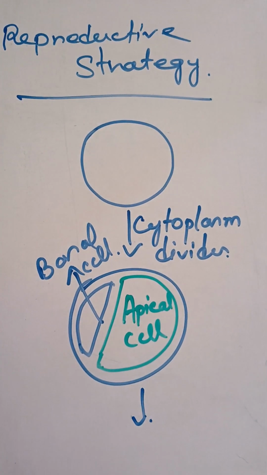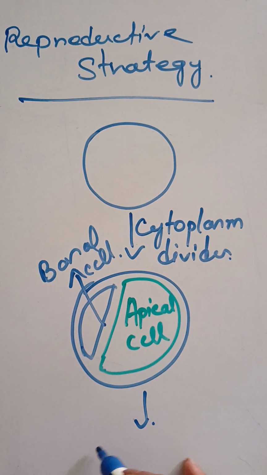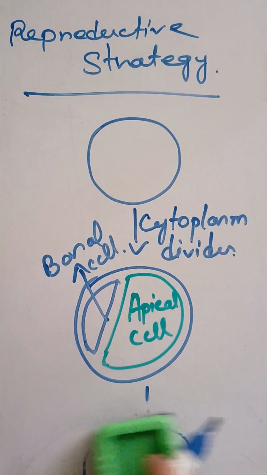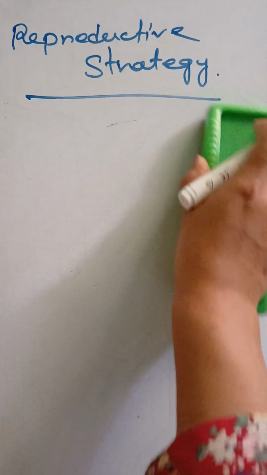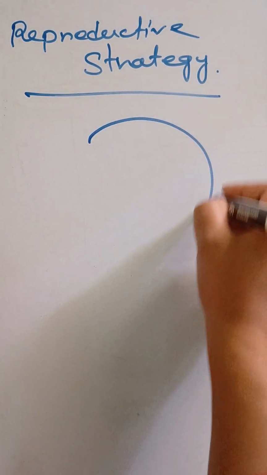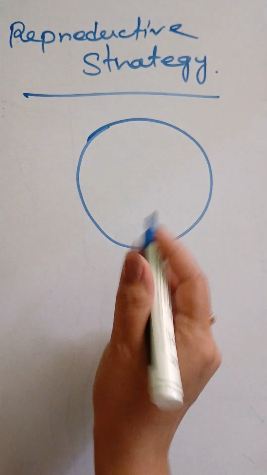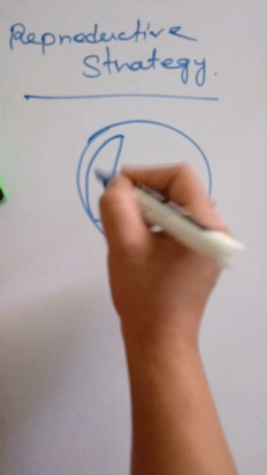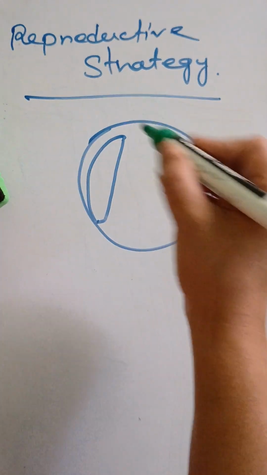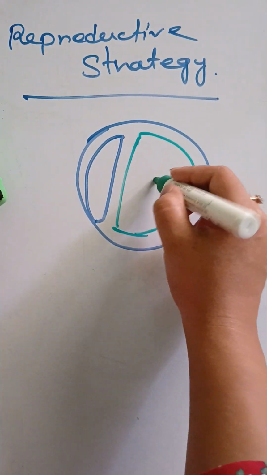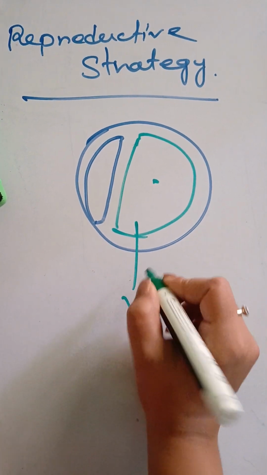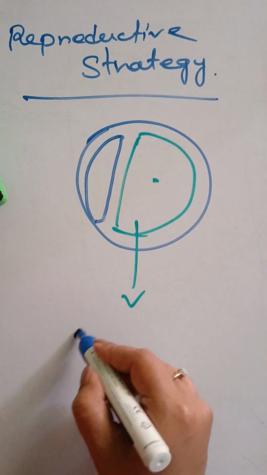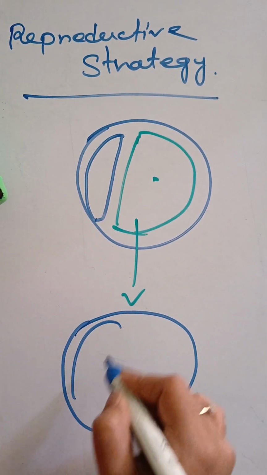Now what happens? In the next step, there is the large cell, the mother cell, or should I say that, this is the basal cell. This basal cell undergoes multiple rounds of division, and that will give rise to small cells, progeny baeocytes.